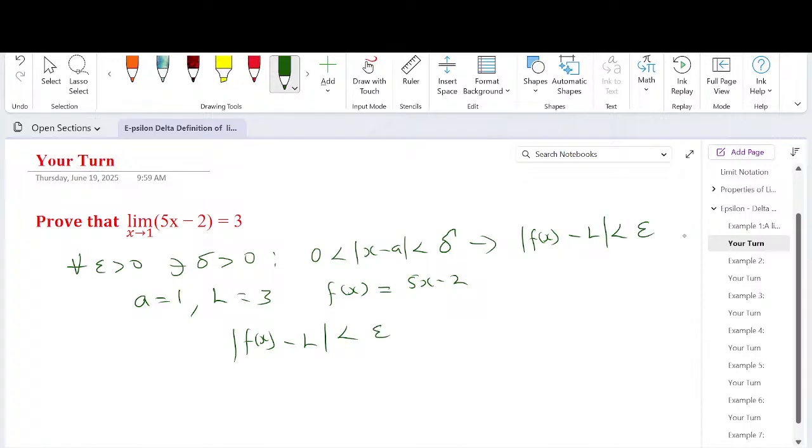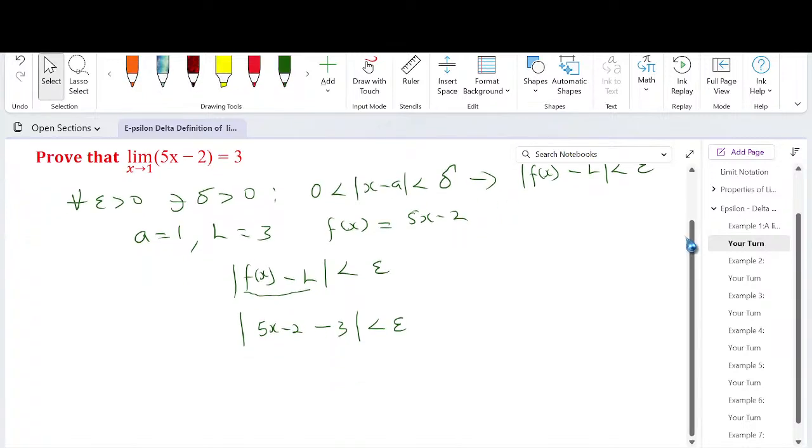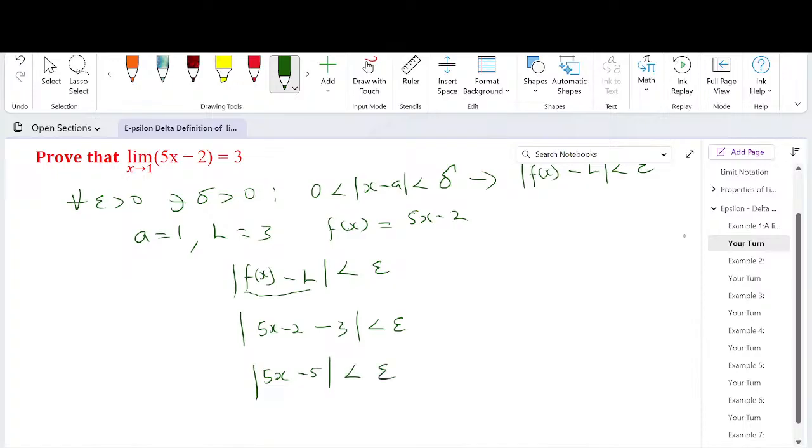If you like, you can first simplify this, or you can just substitute and simplify. So this will be |5x - 2 - 3| less than epsilon. If you simplify, this gives you |5x - 5| less than epsilon. So you can factor out 5.